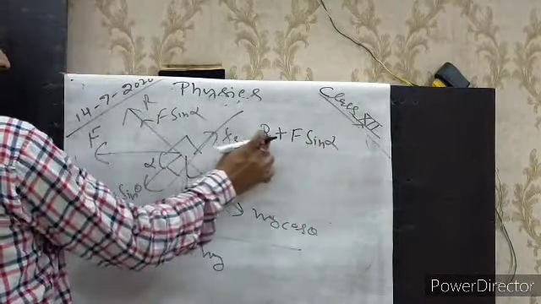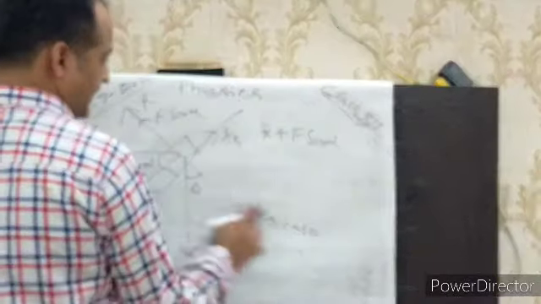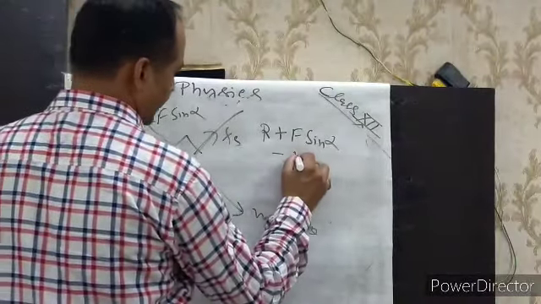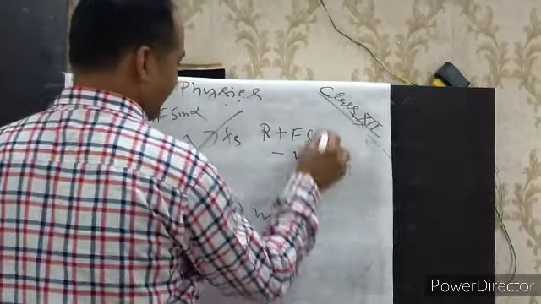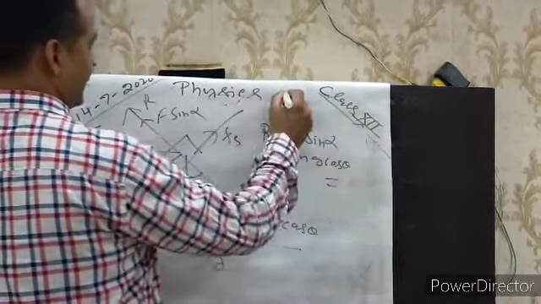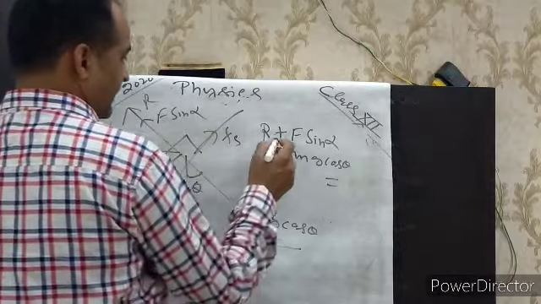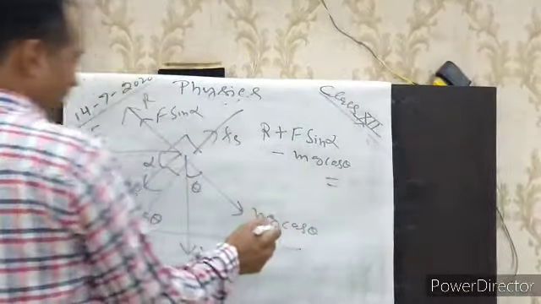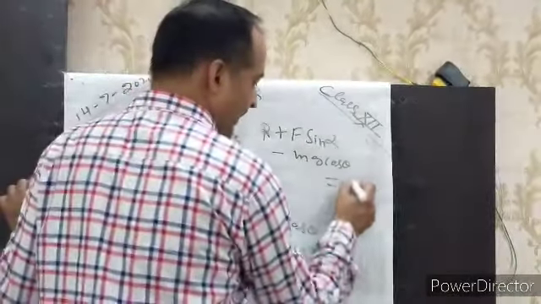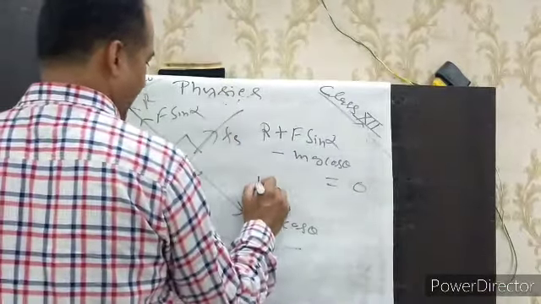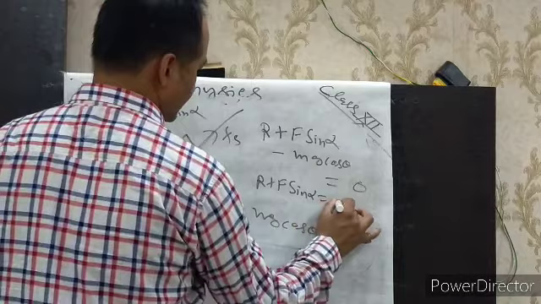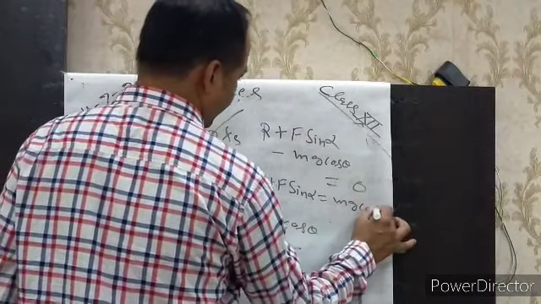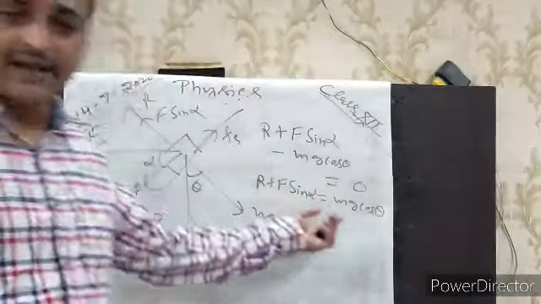In this direction the force is R plus F sin alpha, minus opposite direction mg cos theta, is equal to this total force F, we have to apply F is equal to ma. Then the body is not moving, acceleration is 0, ma is 0, then R plus F sin alpha is equal to mg cos theta. Is it clear?